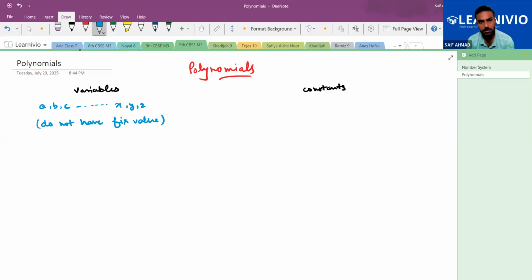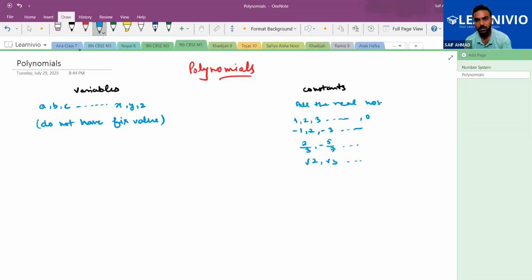And constants are all the real numbers, because we are studying only real numbers, so all the real numbers are constants here. For example, all the natural numbers 1, 2, 3, negative numbers, 0 is also a constant, rational numbers, irrational numbers.